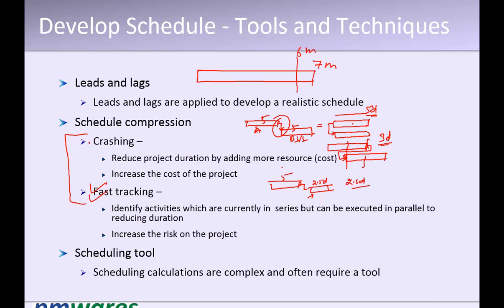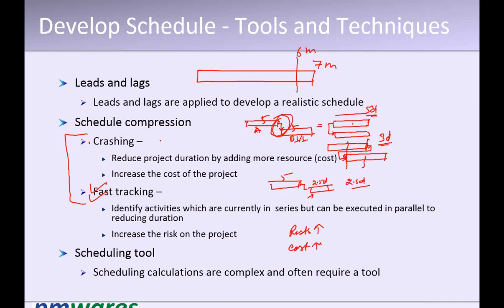In fast tracking, because of compromising the dependency and doing this activity before, or taking a lead, or doing in parallel, we compromise the reason for keeping them in sequence, and therefore it increases the risk on the project. And very clearly on the crashing part, we add the resource, therefore the project cost increases.